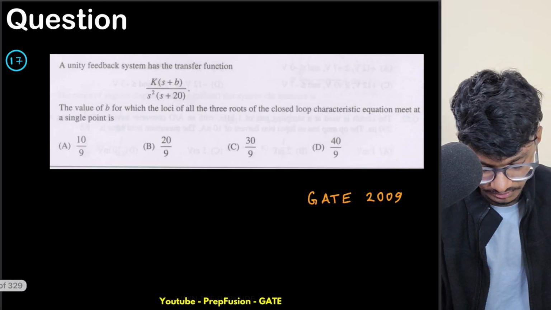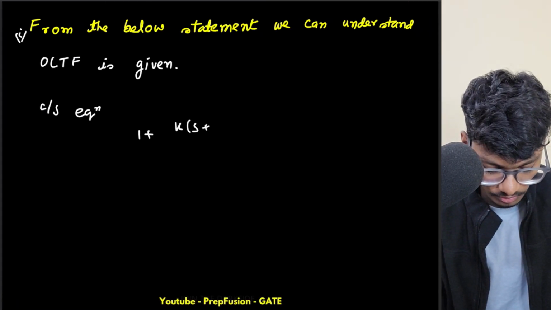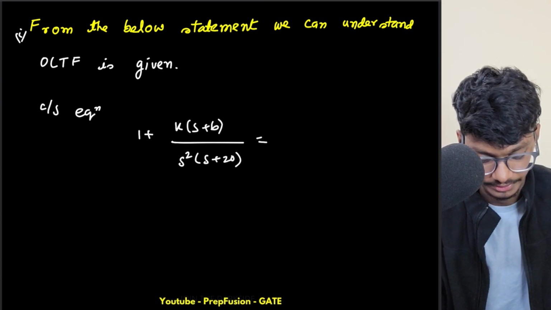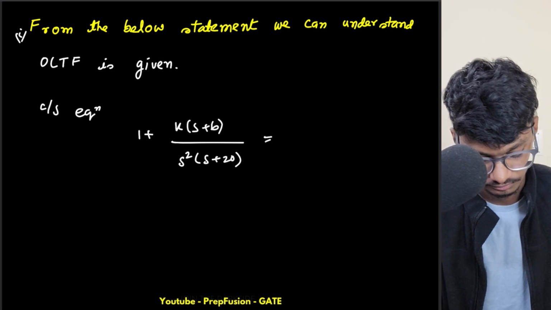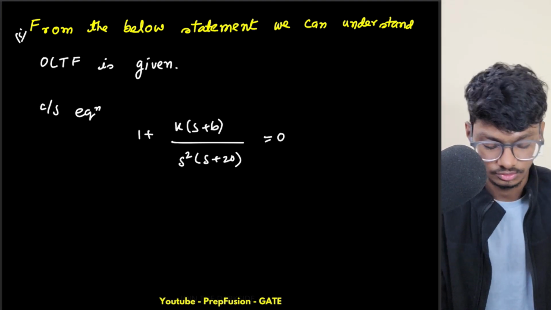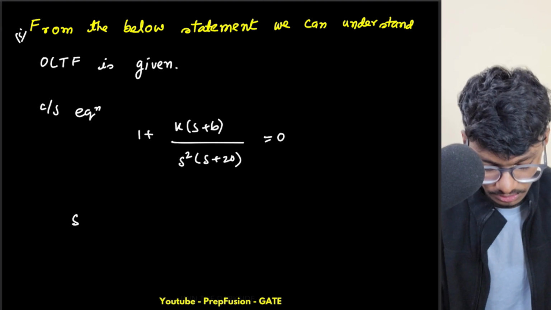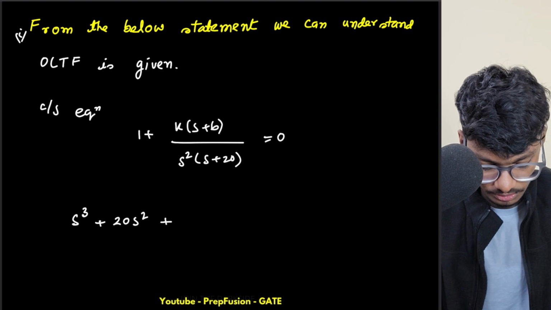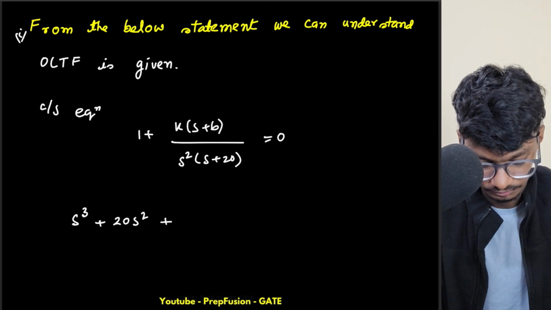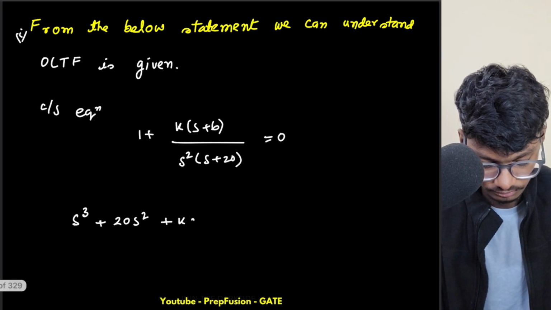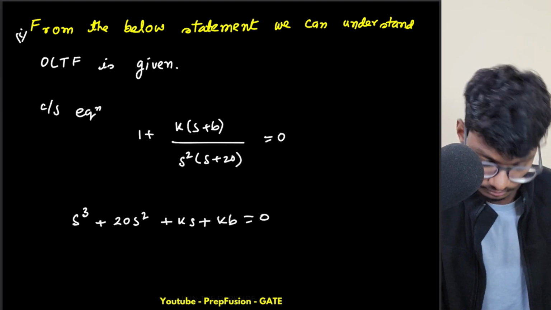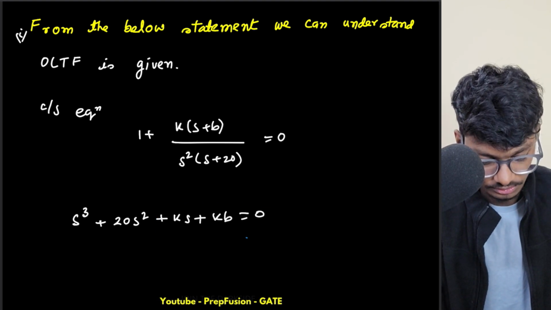So 1 plus k times (s plus b) divided by s square times (s plus 20) equals 0. So this becomes s cube plus 20 s square plus ks plus kb equals 0.